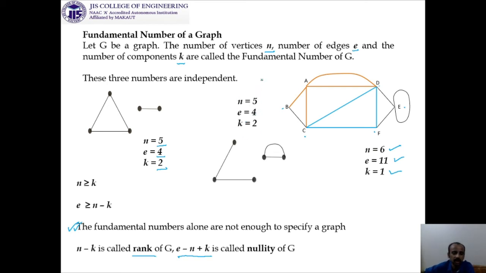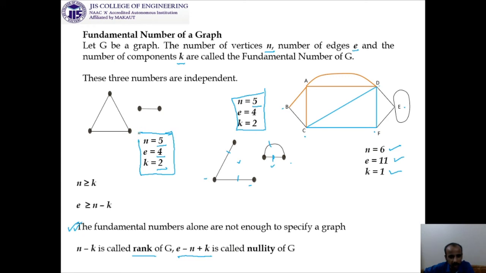So can we generate this one? What we are getting: n equal to 5, 1, 2, 3, 4, 5. So okay. E equal to 4, 1, 2, 3, 4. It is also okay. K equal to 2. It is also okay. So this set and this set, both of them are the same.